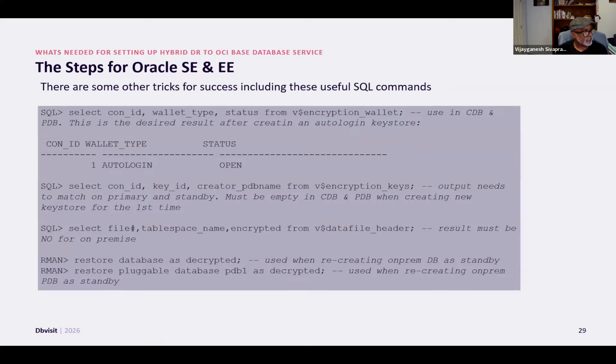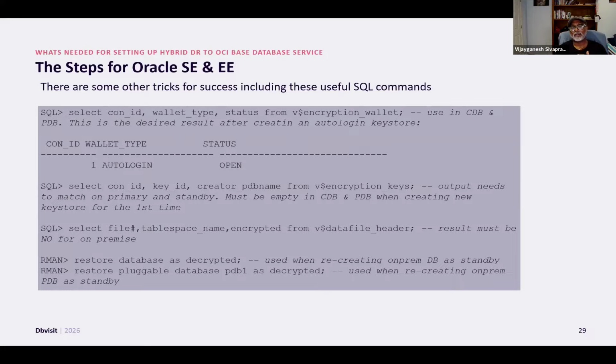And another key thing here is, if you're going to recreate a standby database in your on-premise environment from your OCI primary, you have to ensure that you use restore as decrypted. If you don't use restore as decrypted, all the data files and table space will be restored as encrypted.